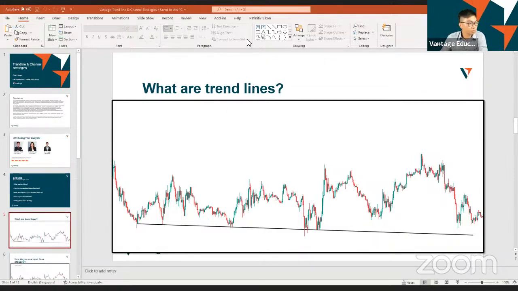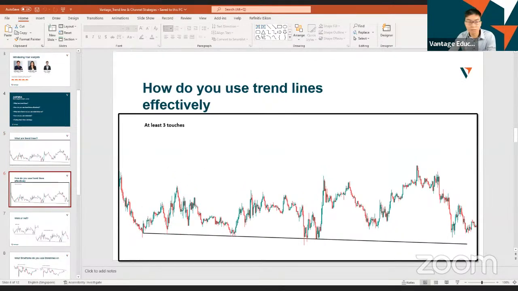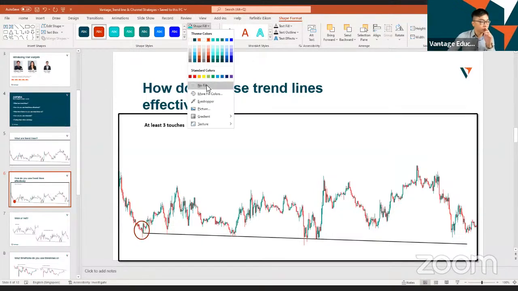Okay, so let me get our circle. So this is a trend line. How do we use the trend line effectively? A trend line needs a minimum of at least 3 touches. Let me get it transparent. Shape fill, no fill.